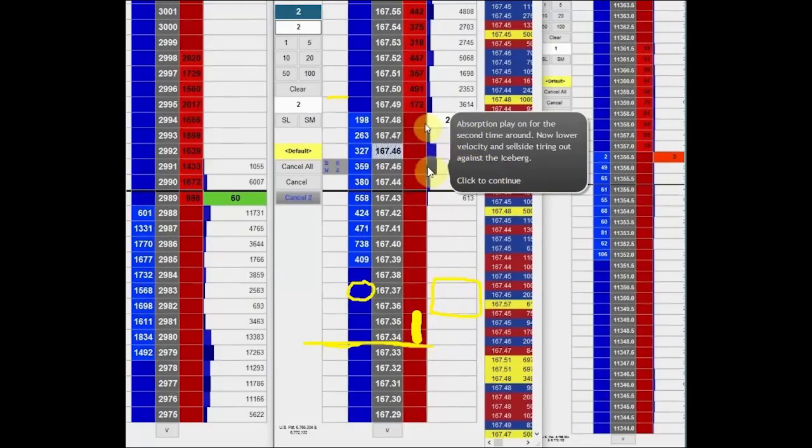Now the absorption play can shift from a high velocity environment where the offers are being hit quite aggressively into the bid, and the market holds up nicely. Now, when the market really starts moving away and really starts moving towards the upside, if the offer comes back down and the velocity of the sell orders going through the book starts decreasing relative to what it was doing in the first instance when it first started trading between the 45s and 46s.